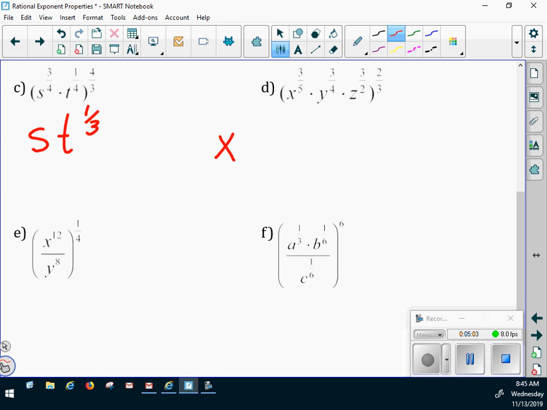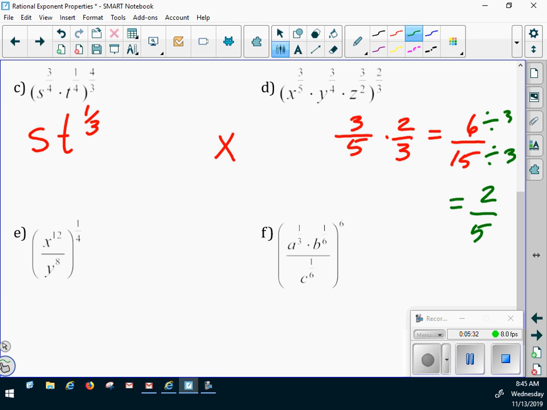Shall we? You guys make fractions too hard. 3/5 times 2/3. Here's what you guys are saying. Nothing wrong with that. That's correct. But then you simplified, right? And you divided by 3. And you got, right?